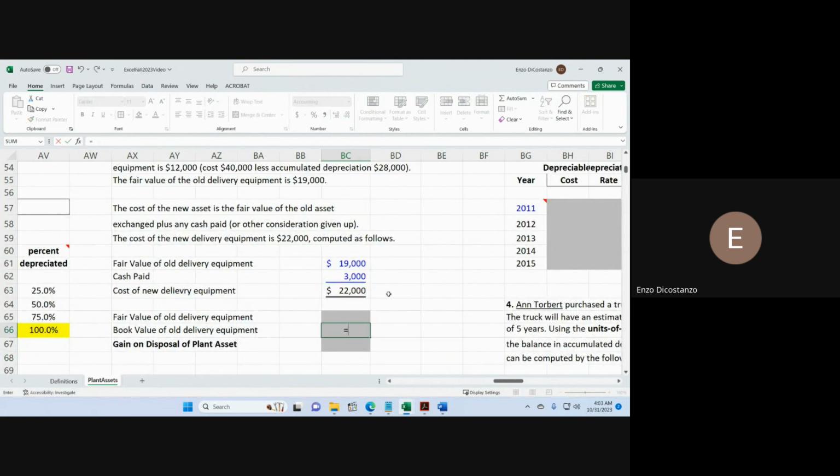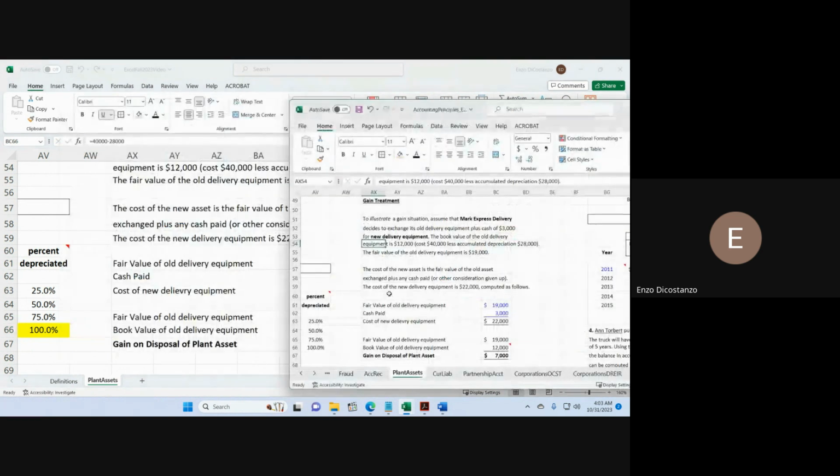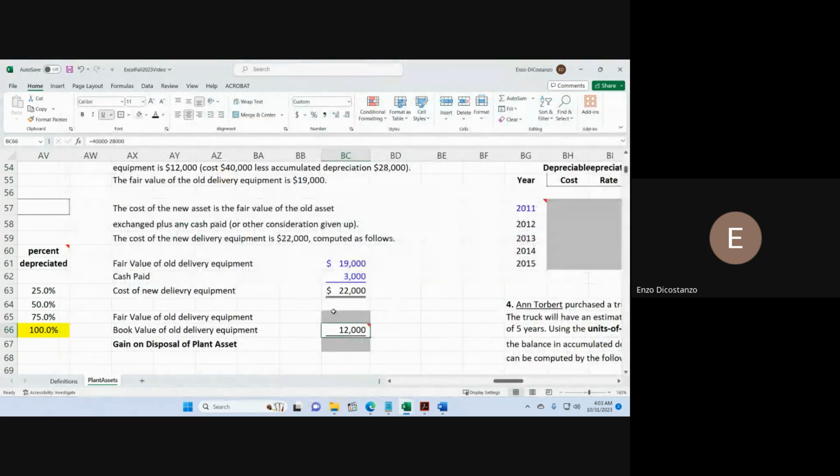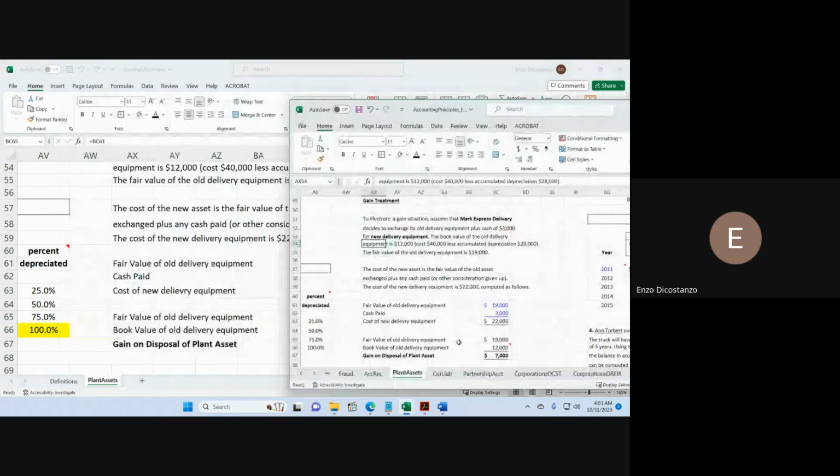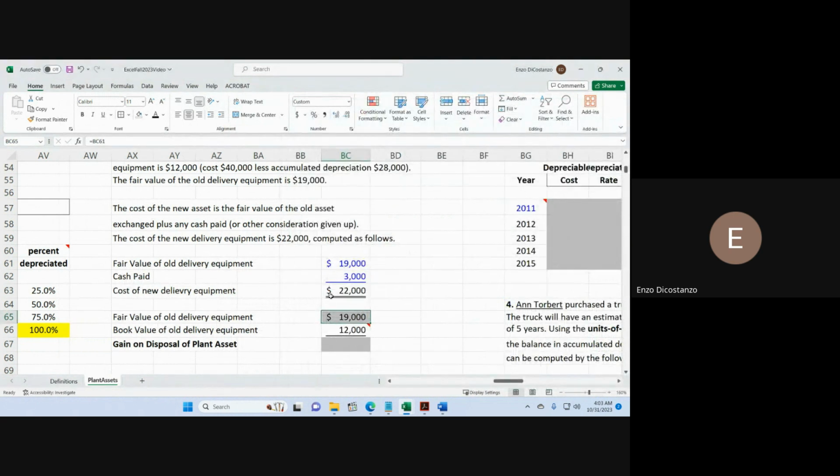And the book here is going to be 40,000. Which is that thing. This is just 19. All right, that's simply just 19.